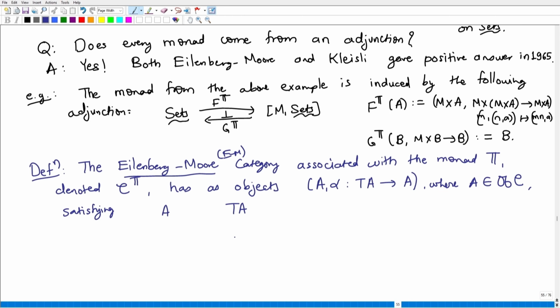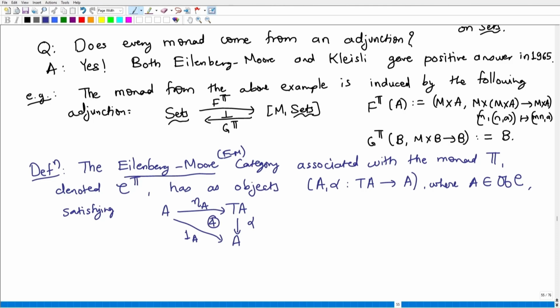A to TA to A. Of course, A to A, what should be the map? Tell me. Identity. TA to A, well, we are given this data alpha, and A to TA, what should happen? Eta. Eta is already part of the data. Yeah, the monad is given, so T, eta and mu are given.